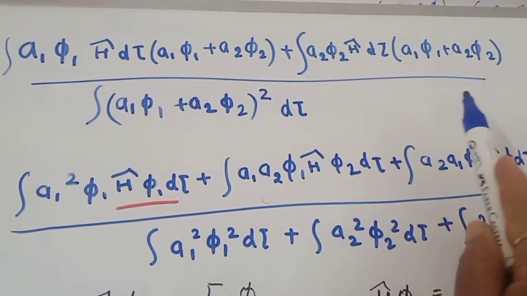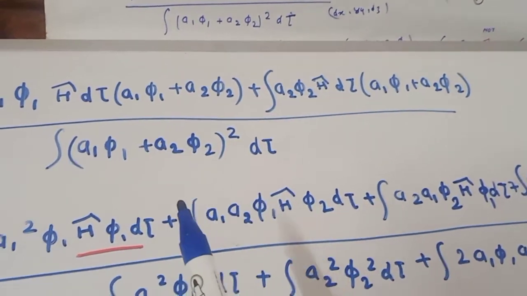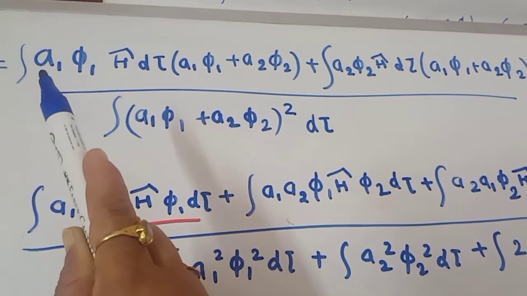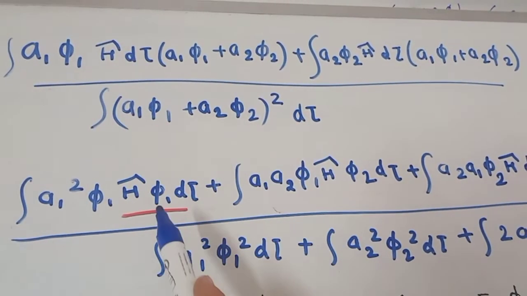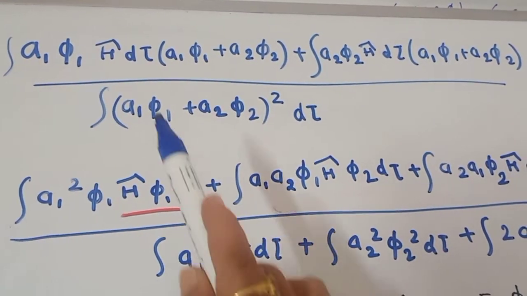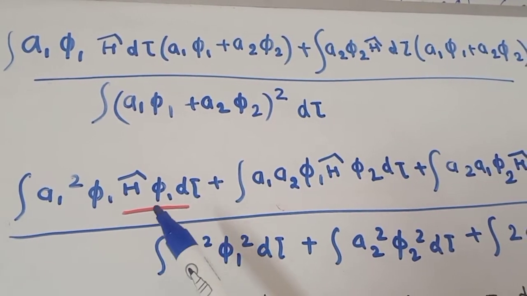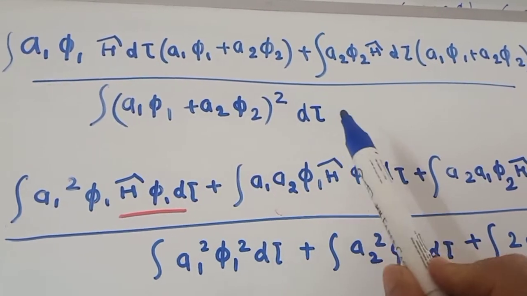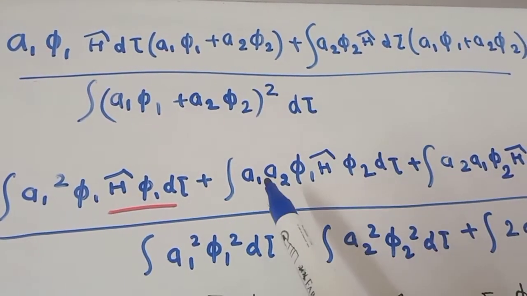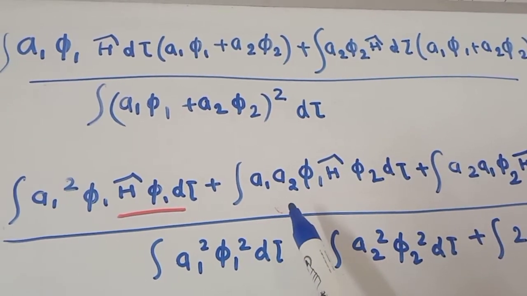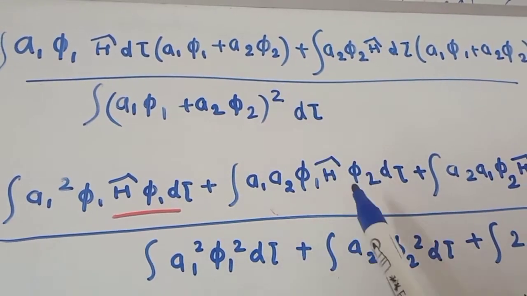When we are solving it, what will we get? We will write the denominator as it is, (a1 phi 1 plus a2 phi 2) square d tau. Now when we multiply, we get a1 square phi 1 h caps phi 1 d tau. We will not write phi 1 as a square, we will just write phi 1 h caps phi 1 d tau. Then the second term, a1 phi 1 multiplied with a2 phi 2, so we write a1 a2 first, then phi 1, then h caps, then phi 2 and d tau.